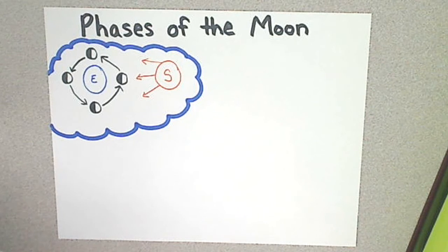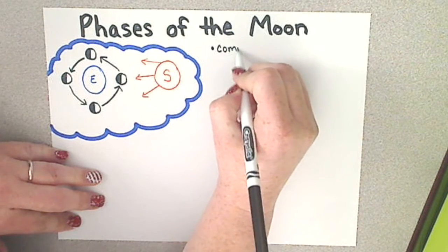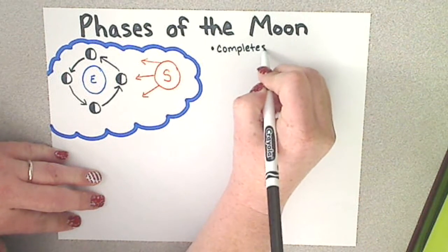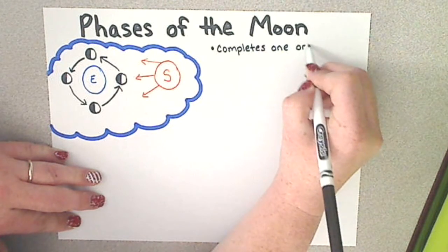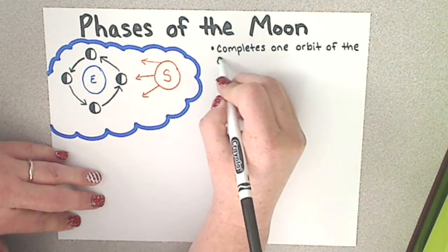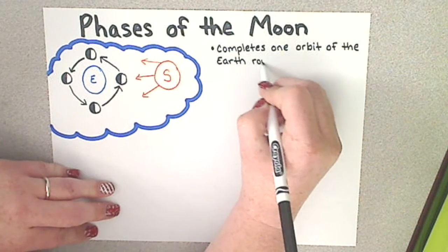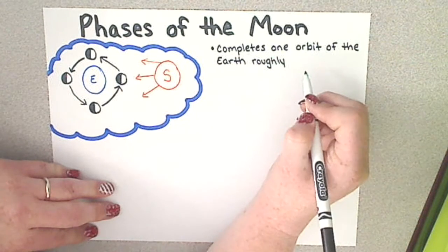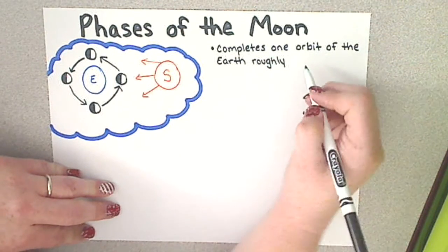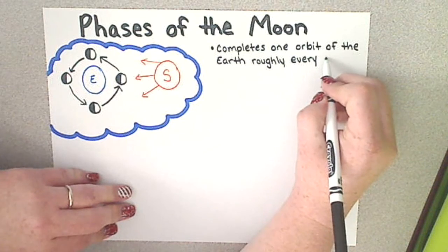Now, the moon orbits the earth, so it completes one orbit of the earth roughly, so this is not specific because technically it's like a decimal, so we just kind of do roughly every 27 days.